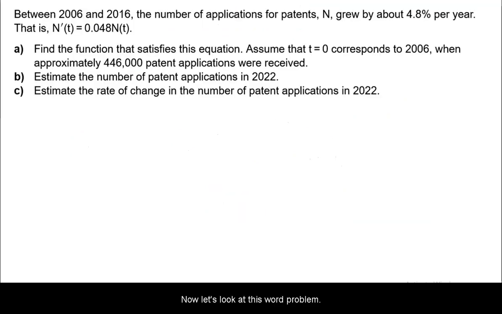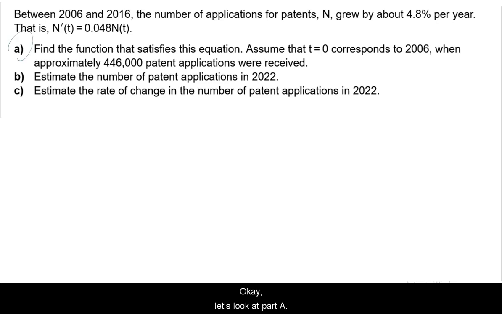Now let's look at this word problem. Between 2006 and 2016, the number of applications for a patent N grew by about 4.8% per year. That is, the derivative of N of t equals 0.048 N of t.